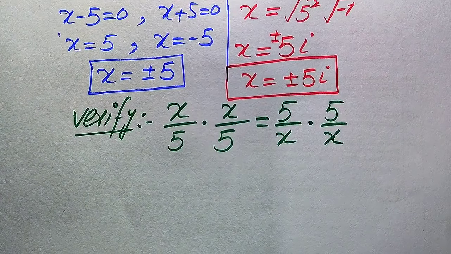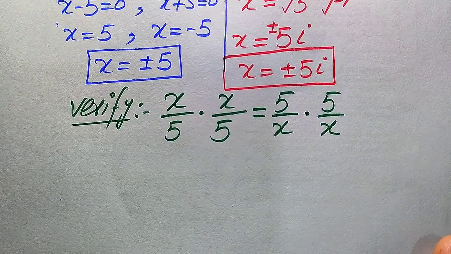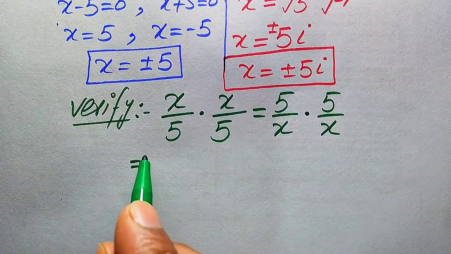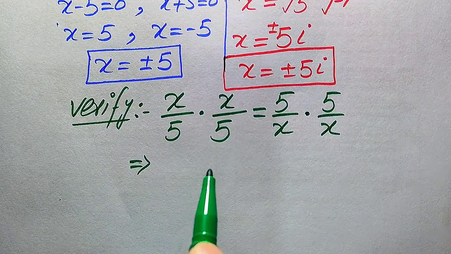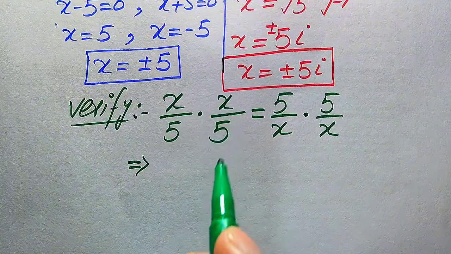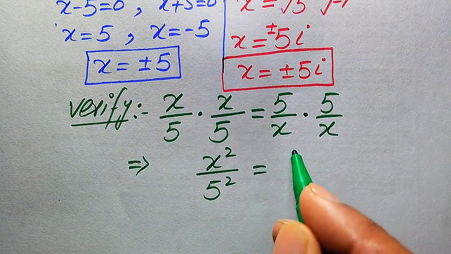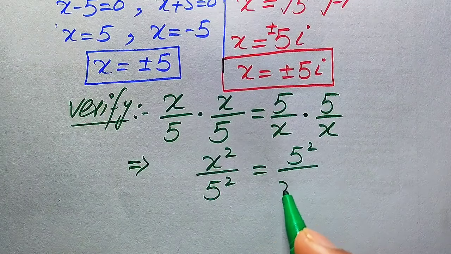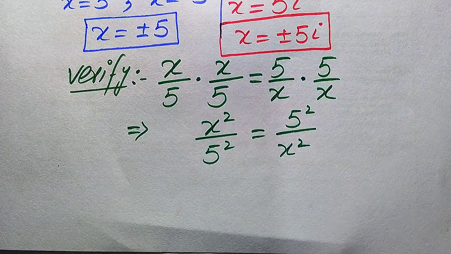Before we start the process of verification, first we write our given question statement in simplified form. So we have x square divided by 5 square equals 5 square divided by x square. So this is the simplified form of the given question statement.